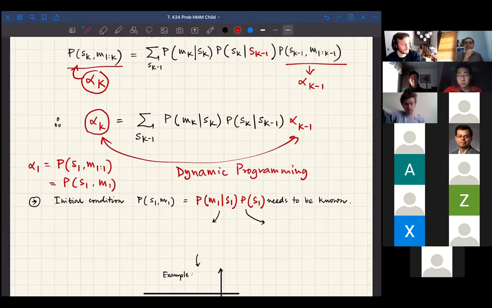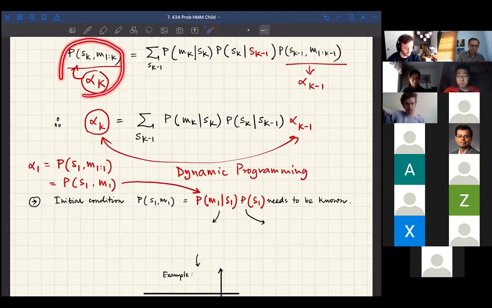That is what alpha k is. So now I can write that as this. Did I confuse you? I hope I didn't. This is alpha k, which means alpha 1 is this. M1 through 1 is M1. And P of A, B is P of A given B times P of B, that is this.